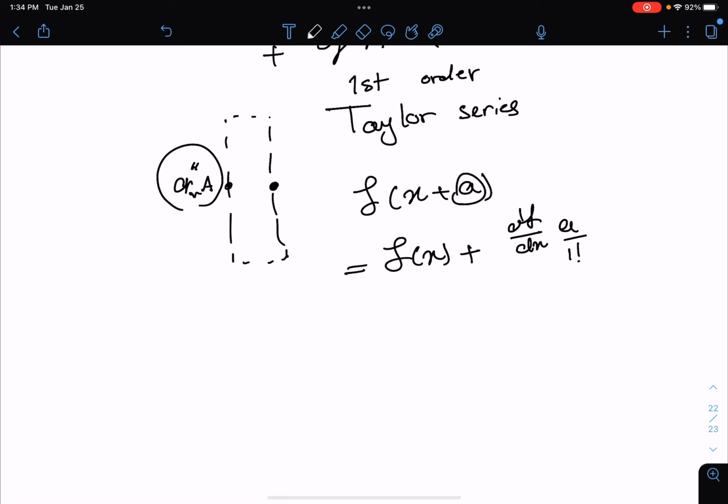So here it is going to be 1 factorial, plus the second derivative divided by 2 factorial, a squared, and plus O of a^n, something like this.